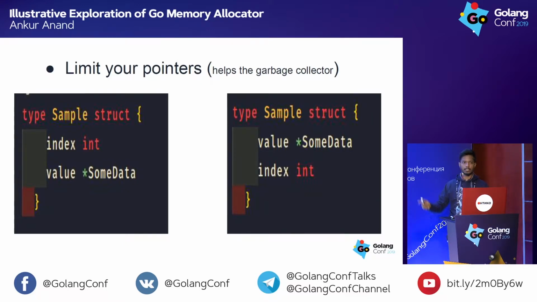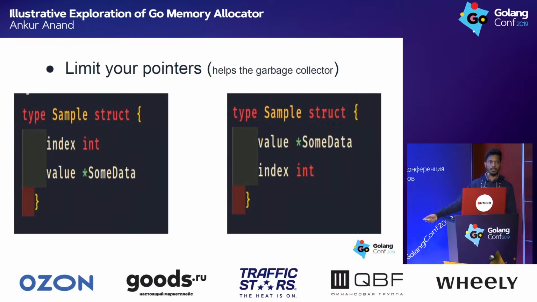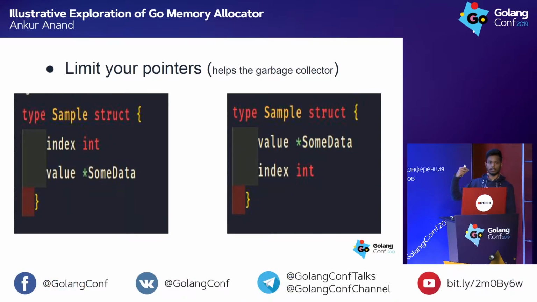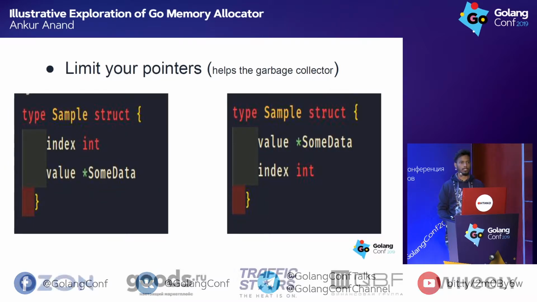On the left-hand side, it has to scan both elements to find out where exactly the pointer is. In the real world, if you have tens or thousands of elements and your pointer is at the last element, it has to scan all those elements. All the elements before the pointer carry no value for the garbage collection.